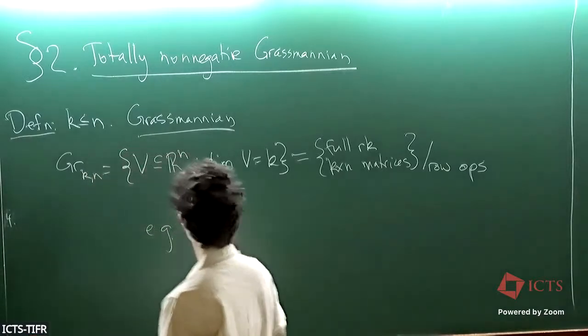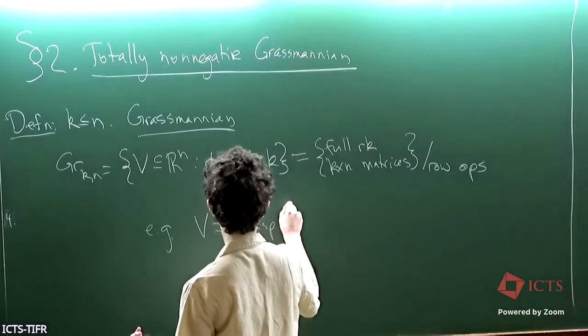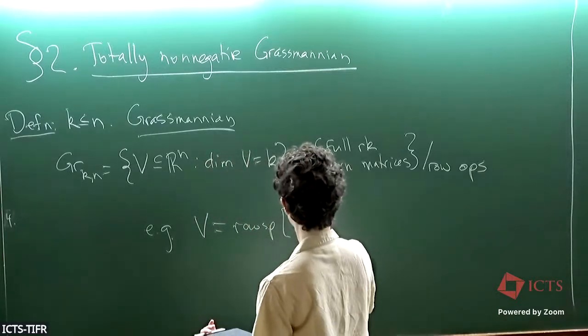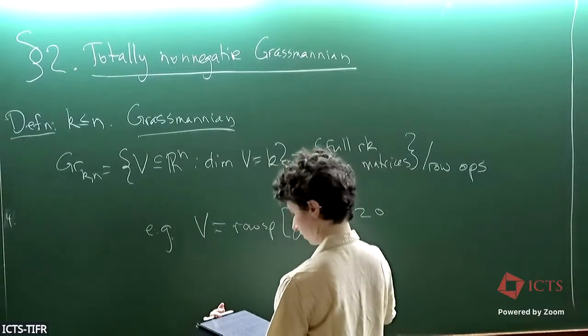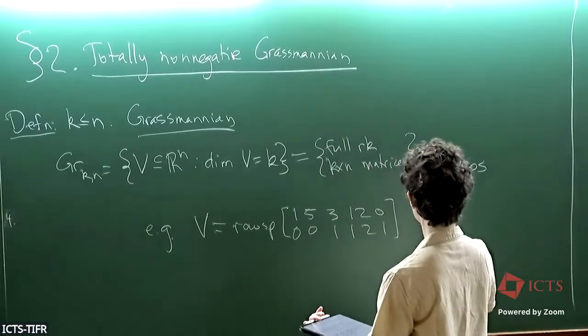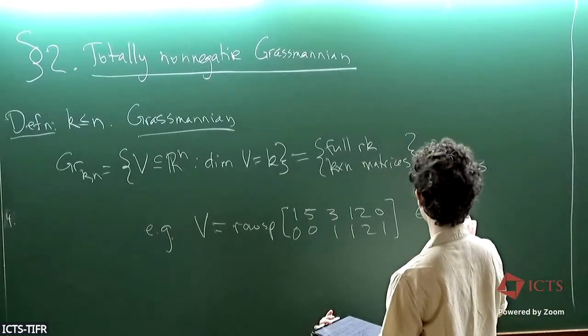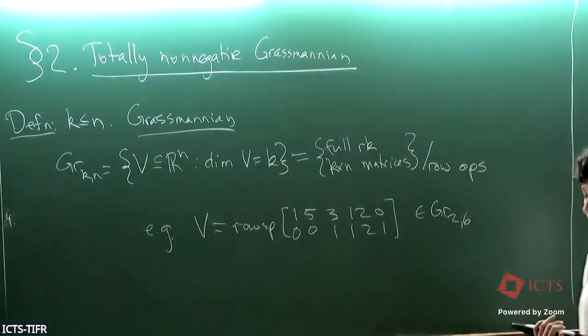Right, so maybe I'll take the subspace which is the row span of this matrix. Okay, and this is some point in the Grassmannian of two planes in R^6.